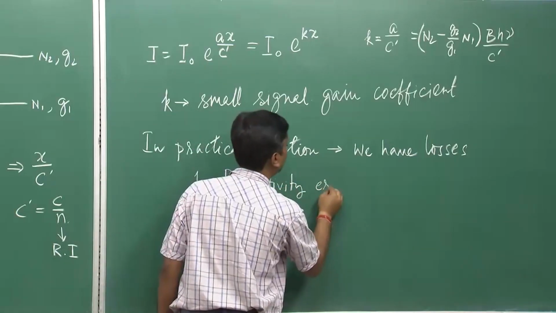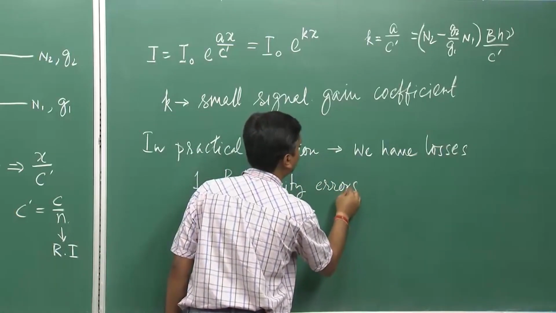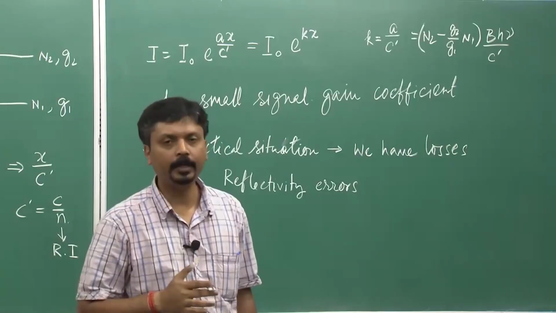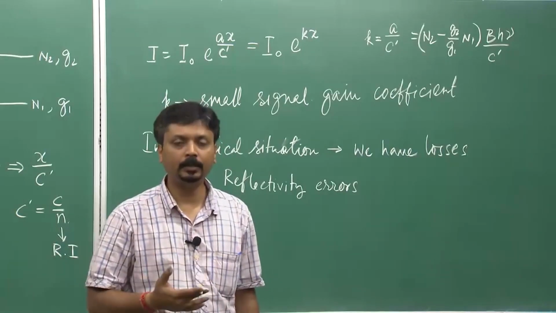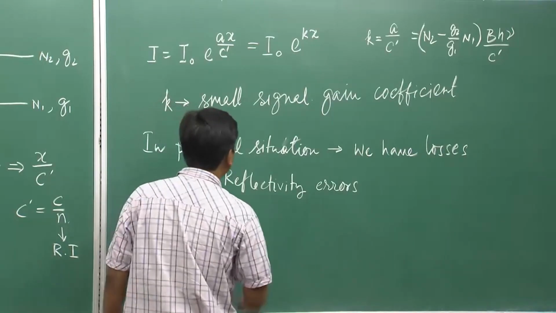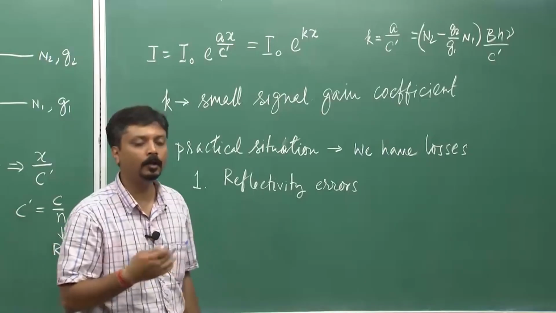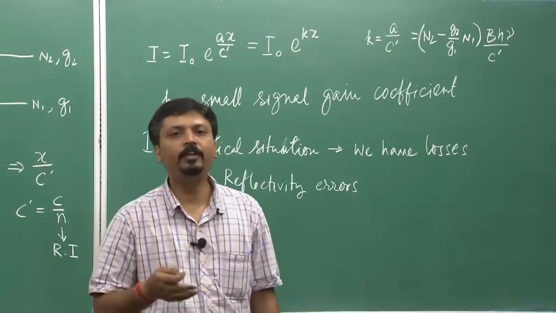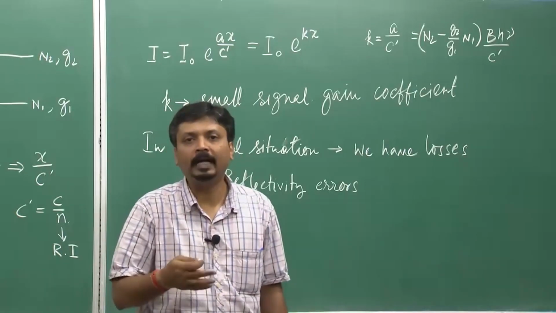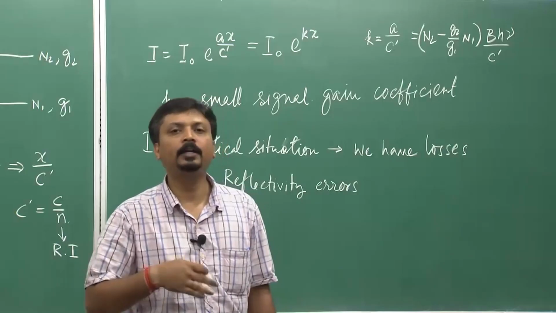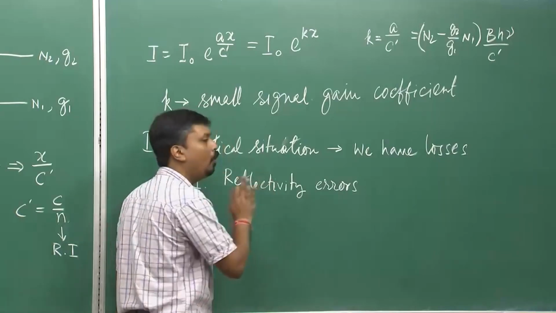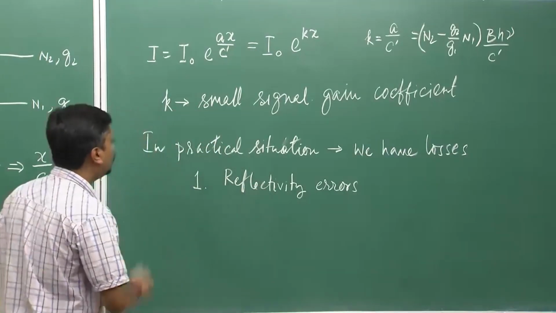I know that one of the mirrors should have 100% reflectivity, and another one should be partially transmittive, say 98% reflectivity. But in reality, if it is not 98%, if it is say 97.5% and the other one is say 99%, then it is different from what we expect, and in that condition I will have losses. So, this is one.